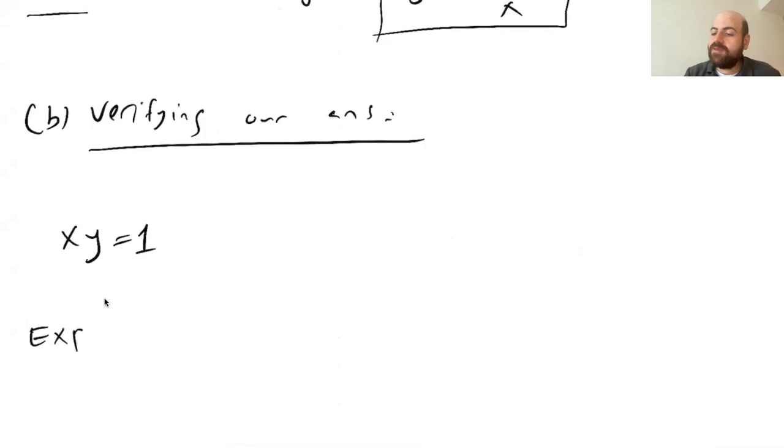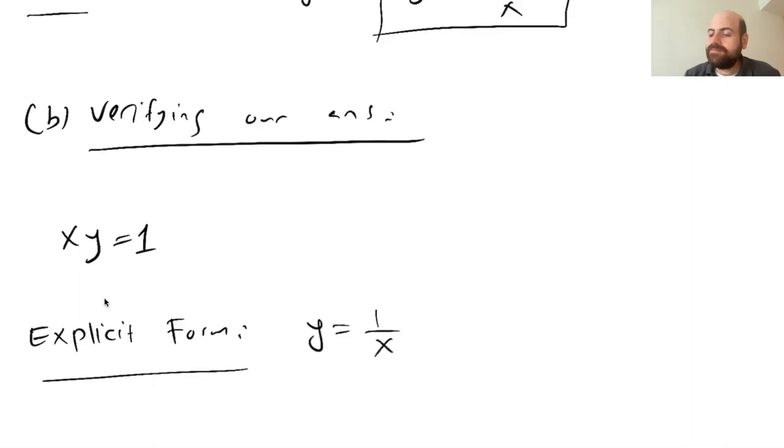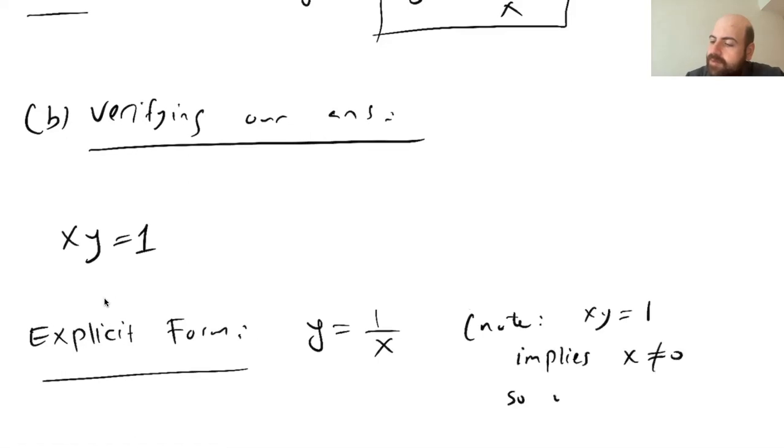Then the explicit form will be y equals 1 over x for x not equal to 0, of course. Or I can say this with the note that xy equals 1 implies that x is not equal to 0, so we can divide by x.